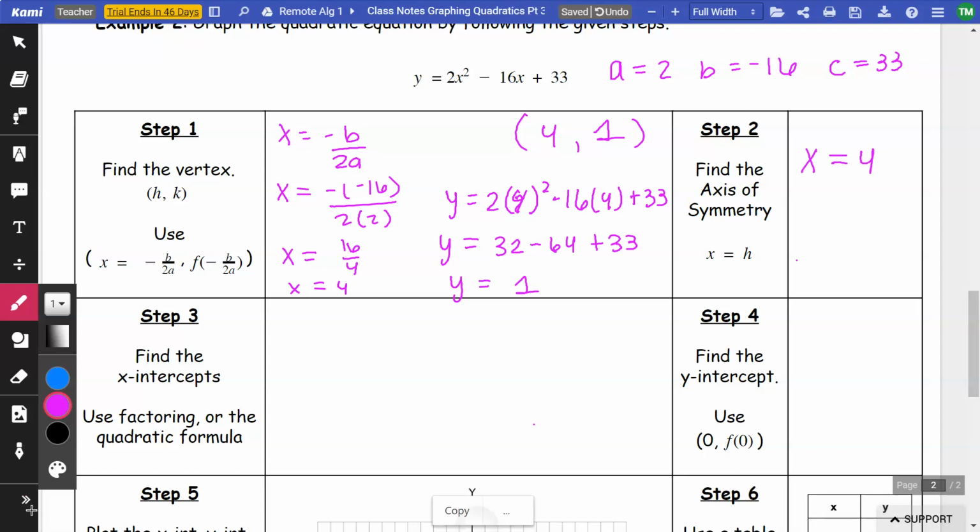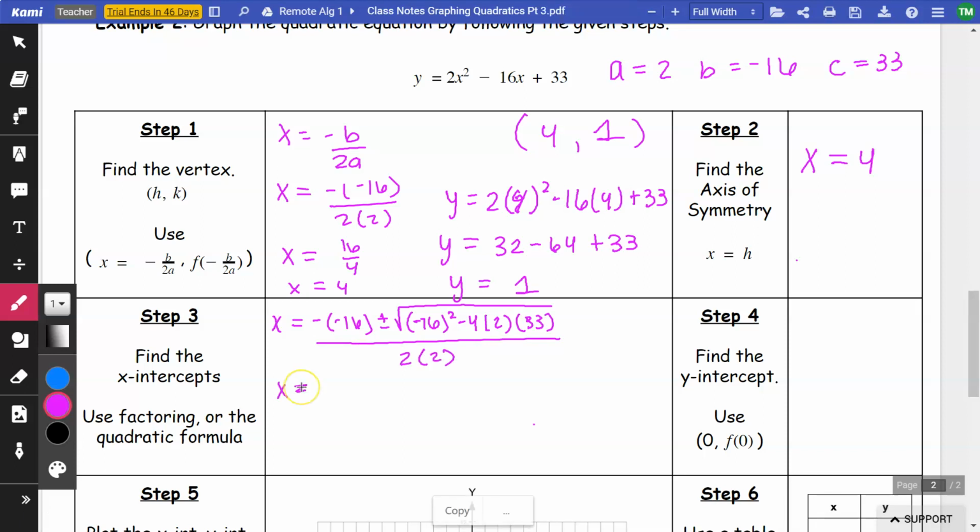To find the x-intercepts, we're going to have to use the quadratic formula. So x is equal to negative b, so the negative of negative 16, plus or minus the square root of b squared minus 4ac, all over 2 times a.